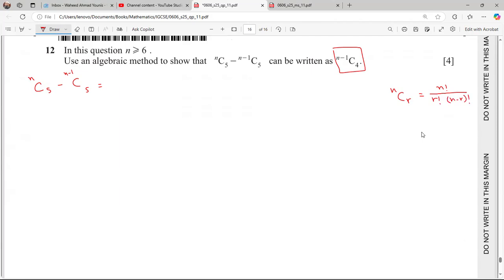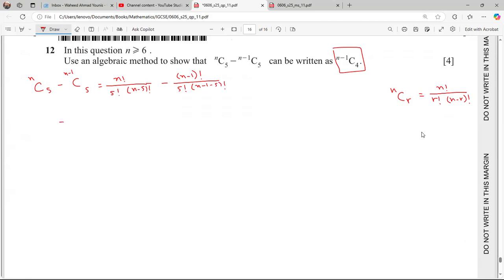Applying this, it is going to be n factorial over 5 factorial into (n minus 5) factorial, minus (n minus 1) factorial over 5 factorial into (n minus 1 minus 5) factorial.